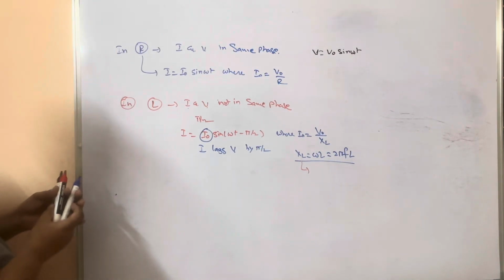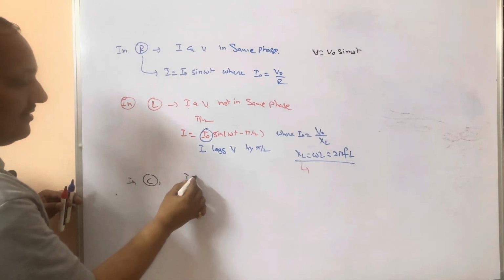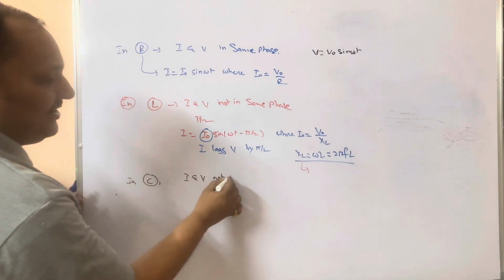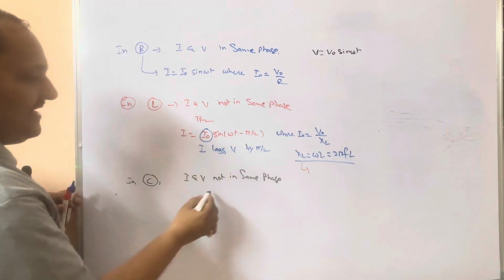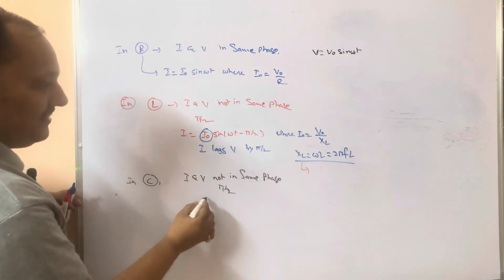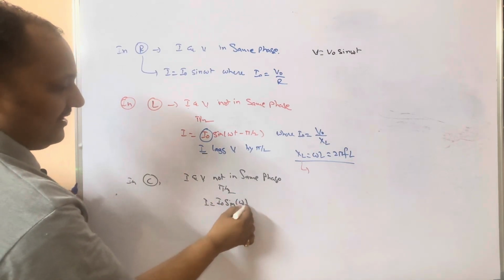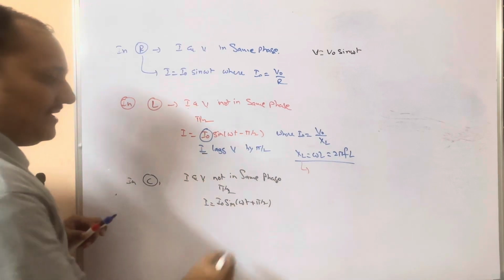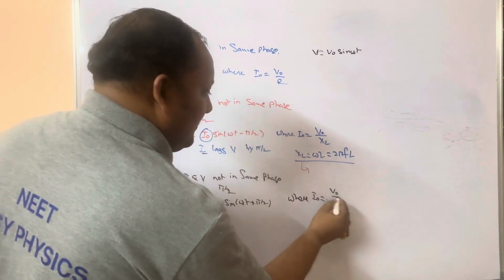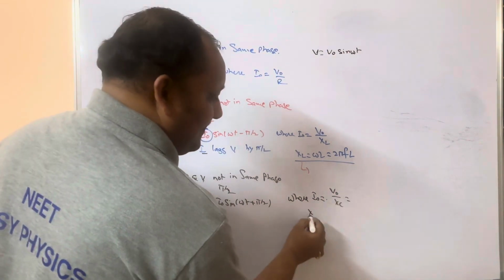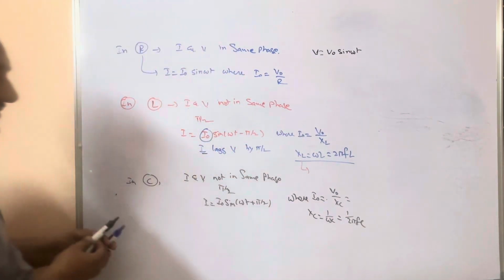Next, in case of capacitor, just now we discussed. I and V again are not in the same phase; the phase difference is also pi by 2, but I is equal to I naught sin of omega t plus pi by 2, where I naught is V naught by Xc and Xc is 1 by omega C, that is 1 by 2 pi fC.